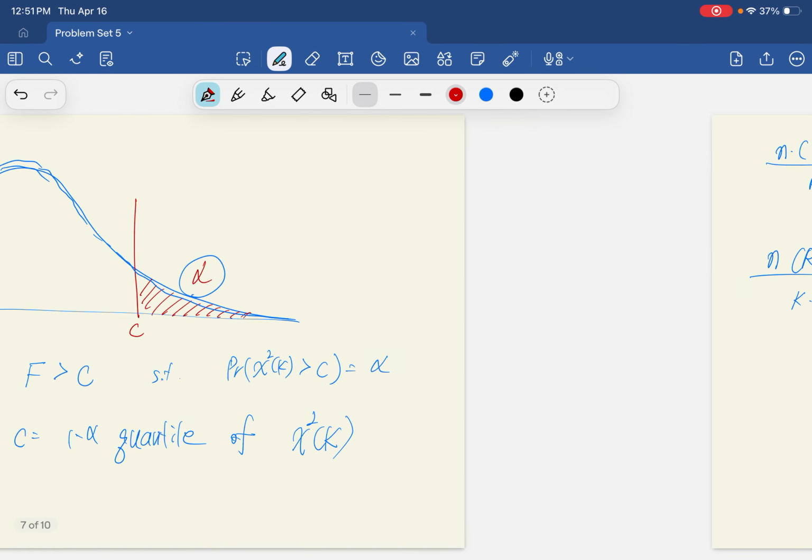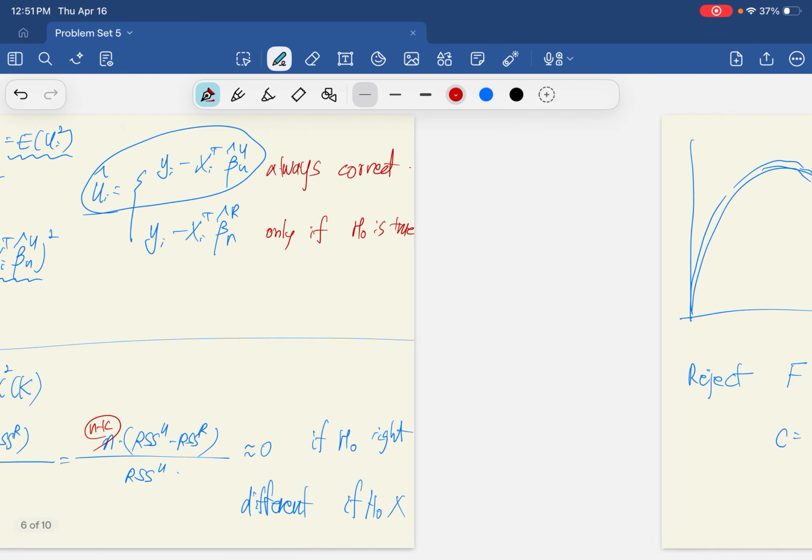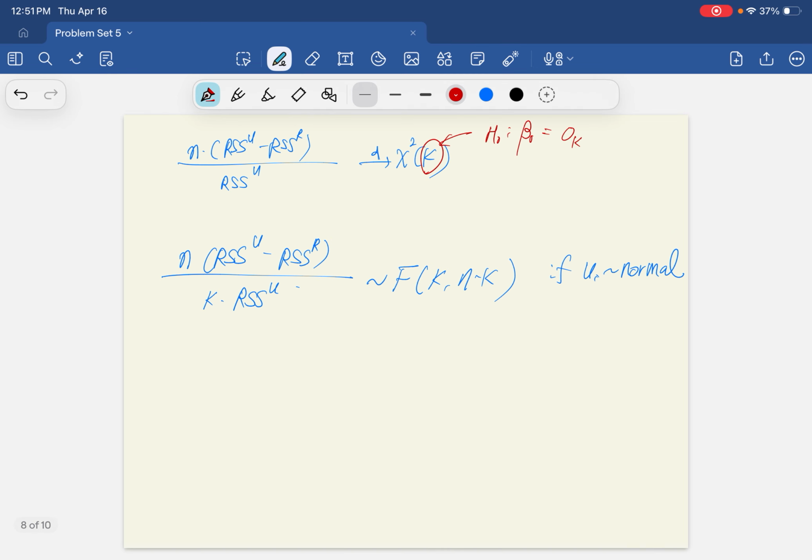And a final comment. What happens if you have n minus k in here? That does not matter. It will still be cancelled out, and you will have n minus k instead here.